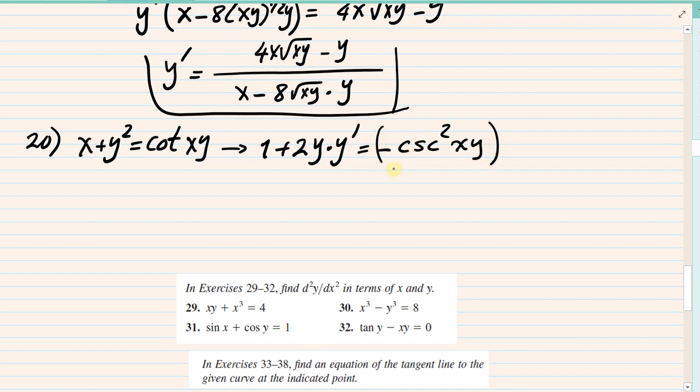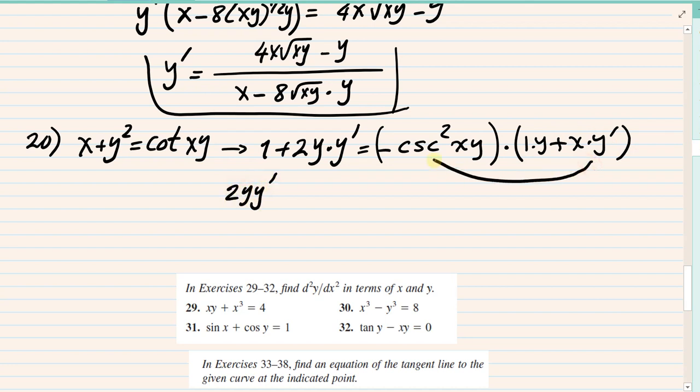That's just derivative of cotangent times. And then we do chain rule for xy. That itself is derivative of first times second plus first times derivative of second. Derivative of y is y prime. Okay, and then we need to isolate y prime. So this becomes 2y y prime.